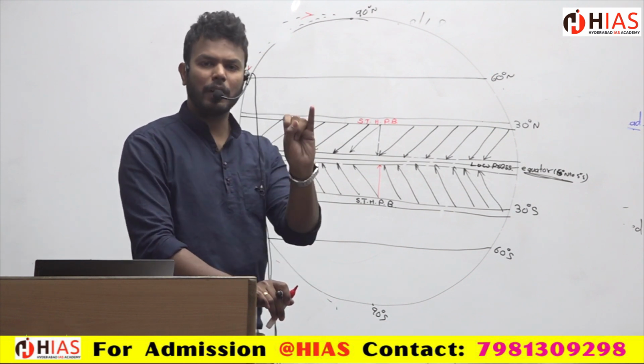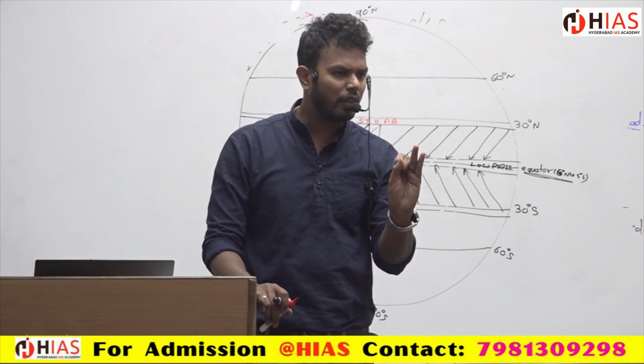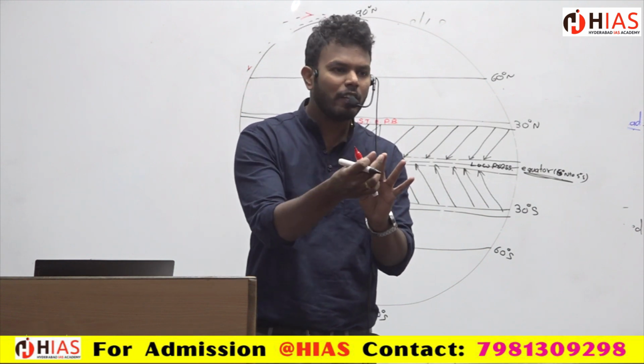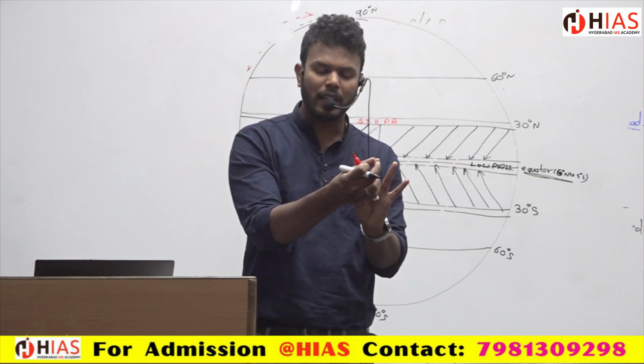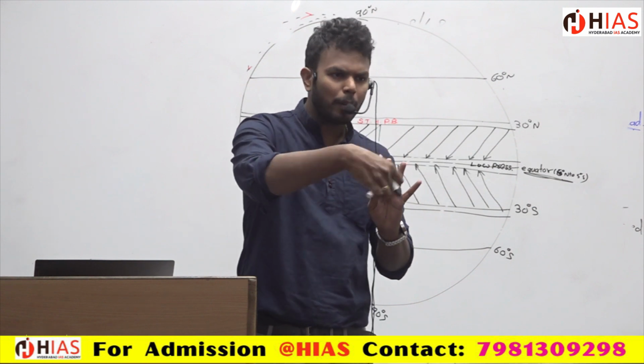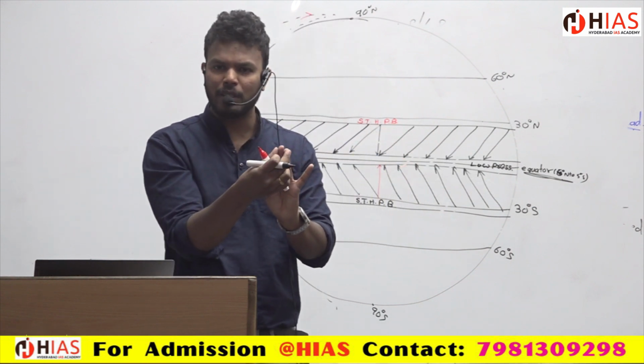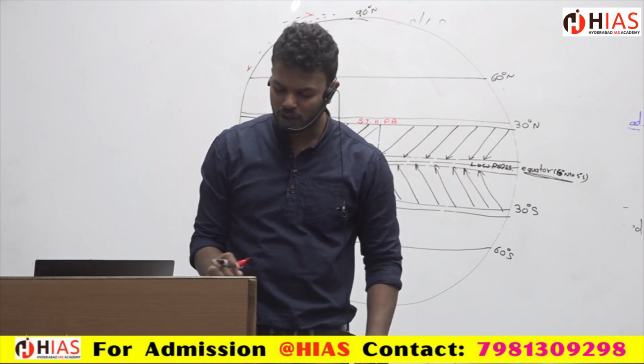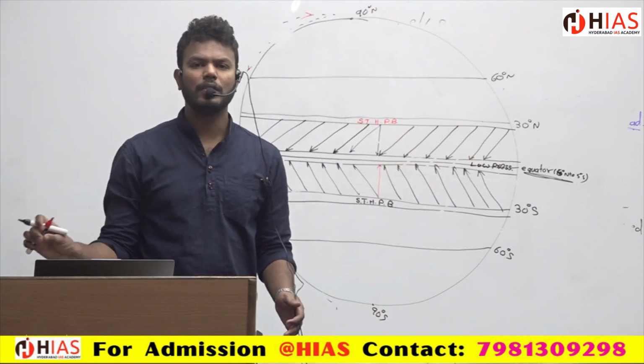See, there are prevailing winds, there are periodic winds, there are local winds. Local winds mean only in one particular place the local winds will be there. Periodic winds are in a particular period, for months together. Global winds will be there all throughout the year. For suppose, just imagine a person.